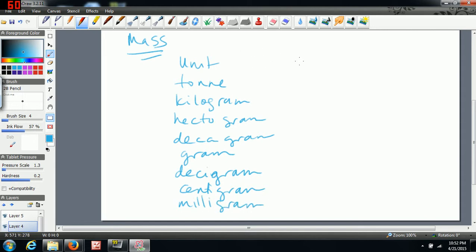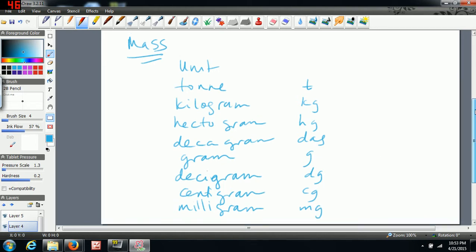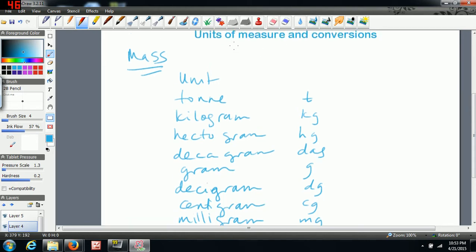Okay, and then the symbols for each one. So T, kg, hg, dag, g, dg, cg, and mg.